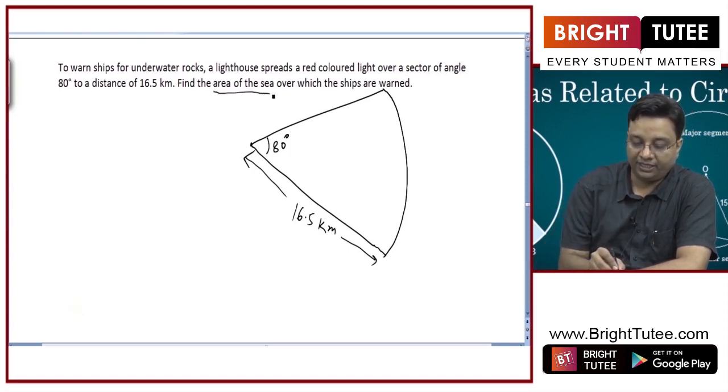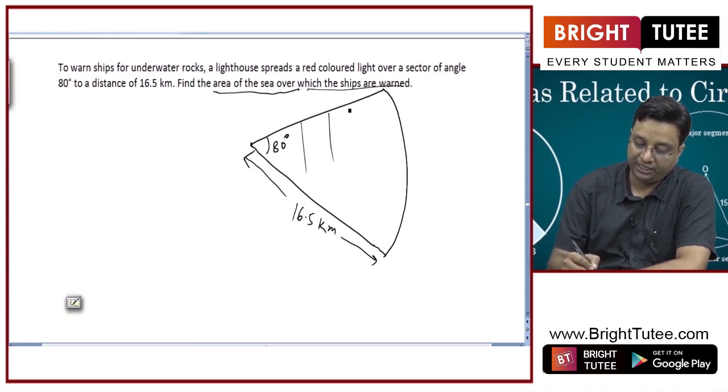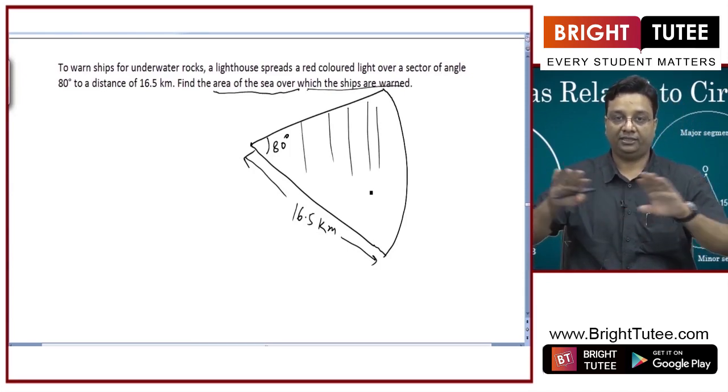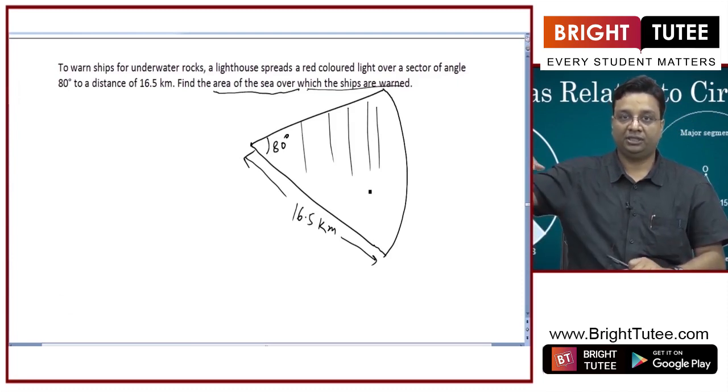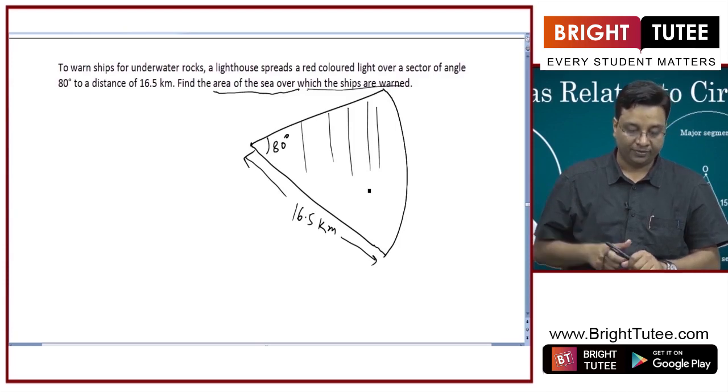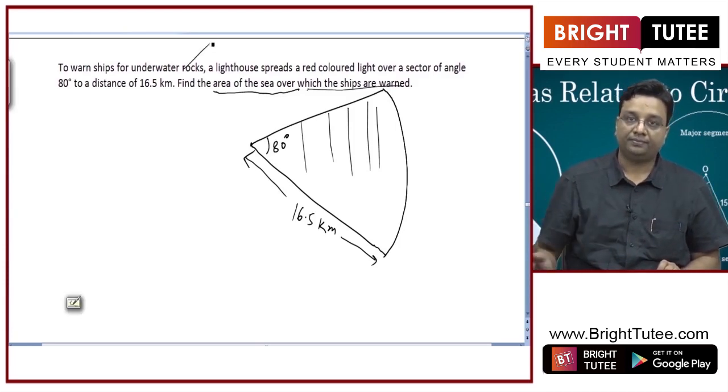We need to find the area of the sea over which the ships are warned. So this is the area where this light will spread, and all the ships that are in this area will be warned about the underwater rocks. So you need to calculate this area.